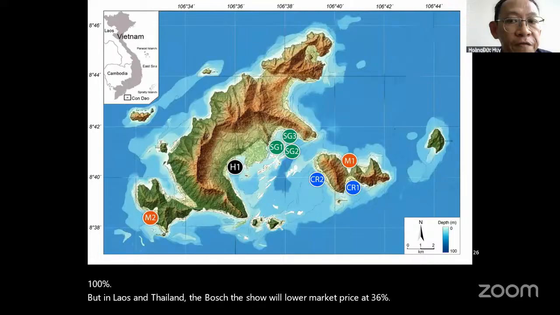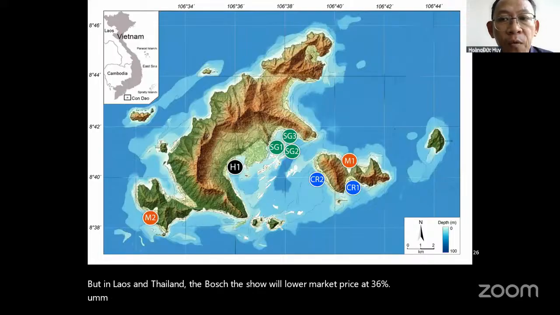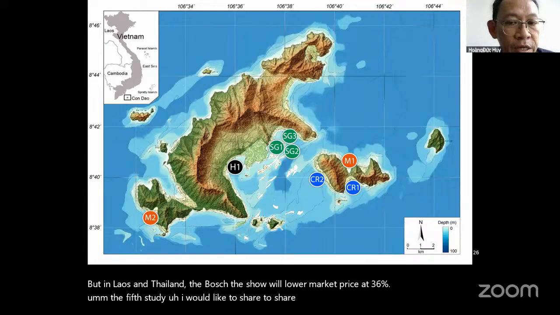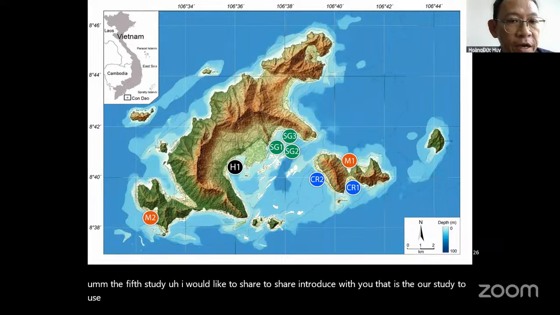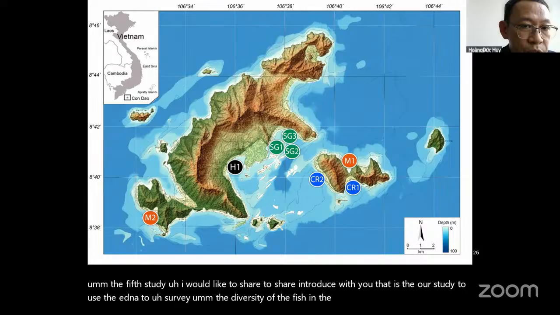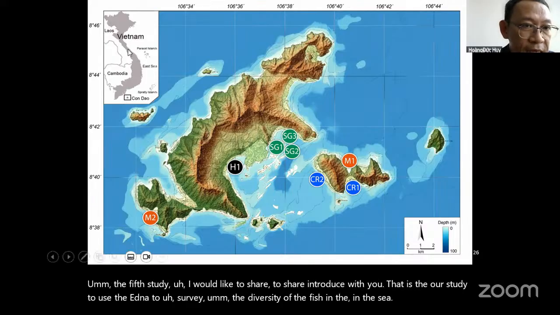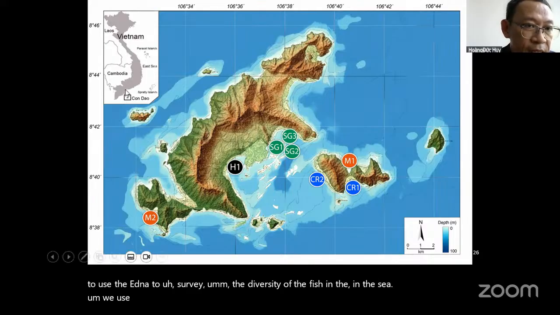The fifth study I would like to introduce is our study using eDNA to survey the diversity of fish in the sea. We use a site in South Vietnam.